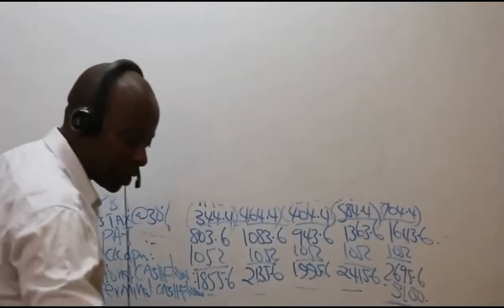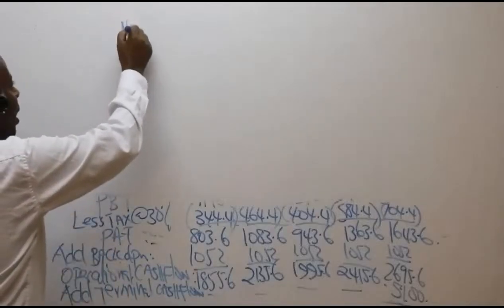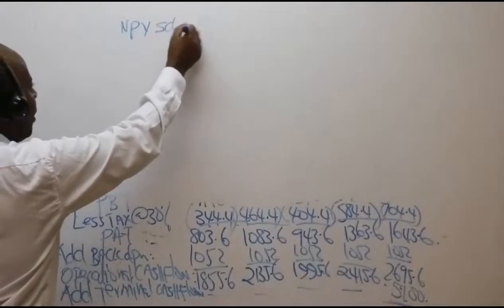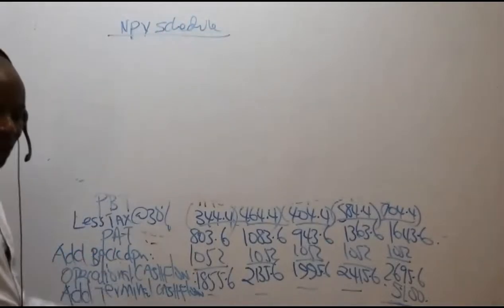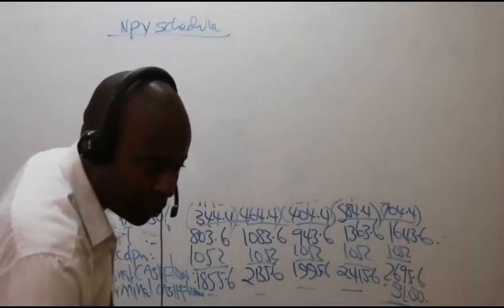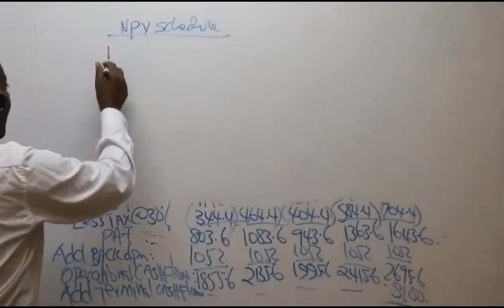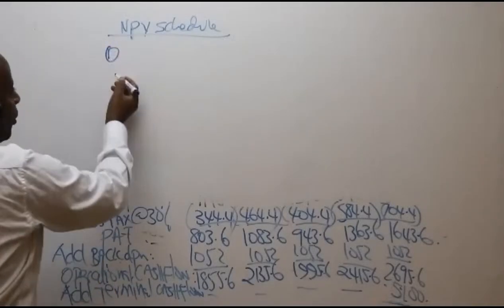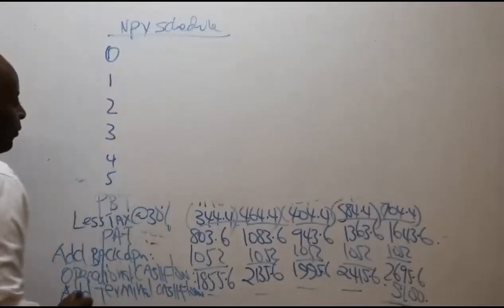Thank you very much. So in this case, ladies and gentlemen, now we have our NPV schedule, the net present value schedule. What do I have here? I have year 0, year 1, year 2, year 3, year 4, year 5.